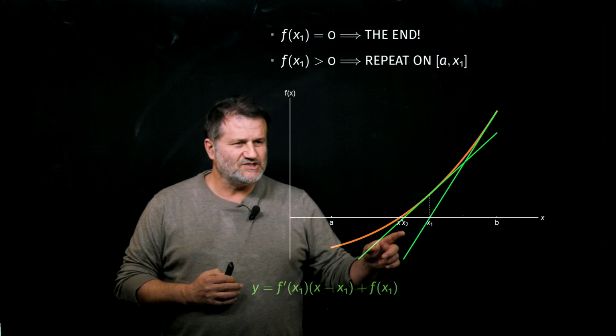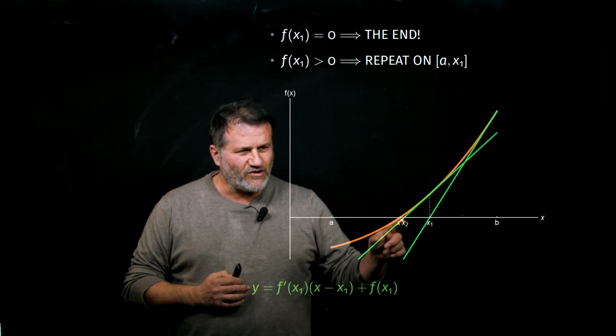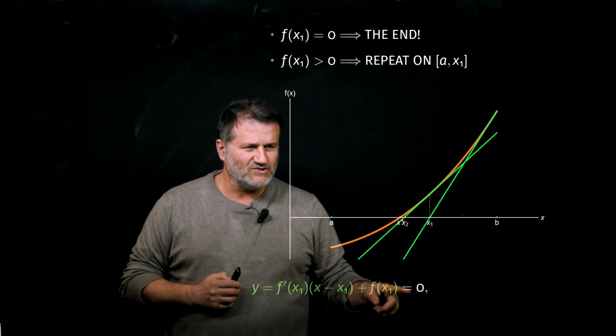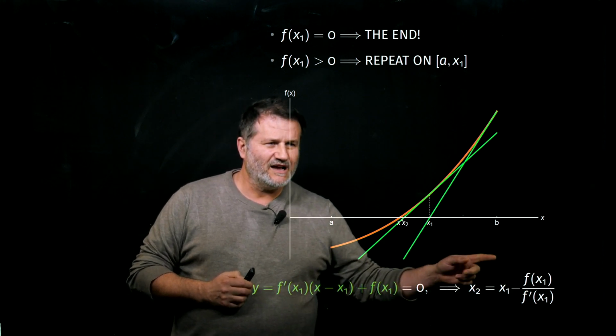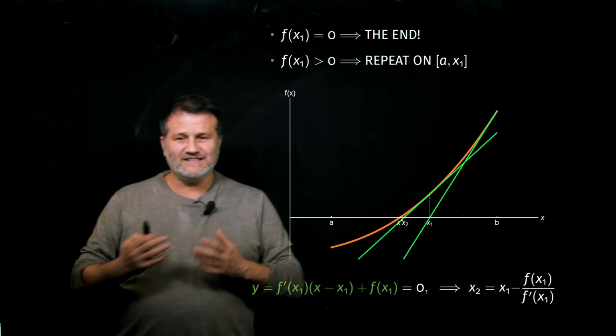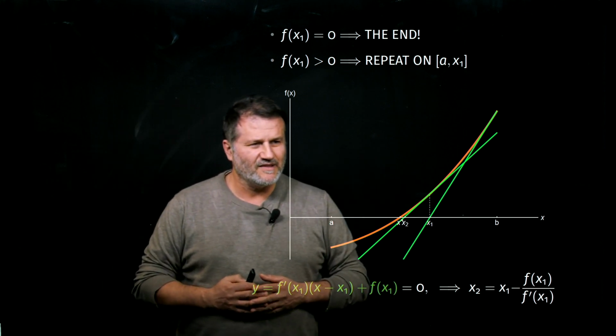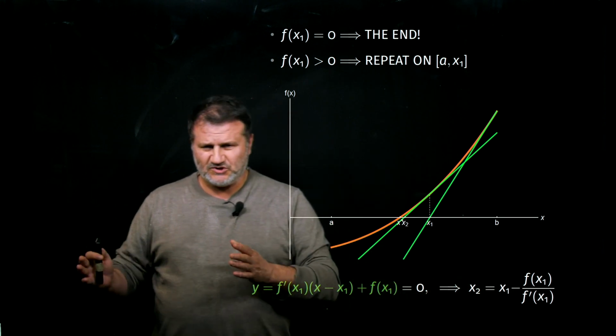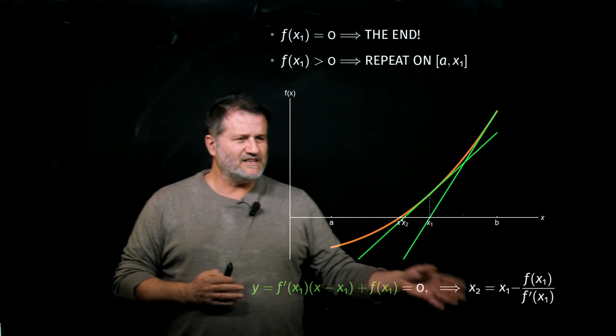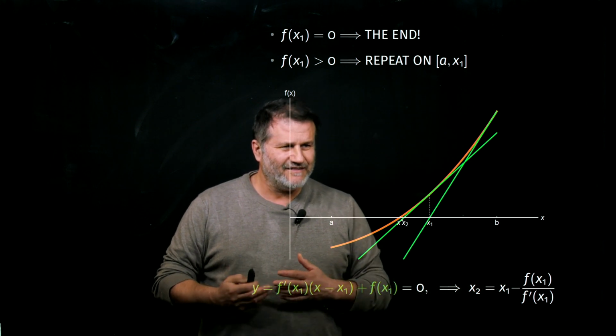Now, the point x2 where the green line crosses the axis is given by solving this equation. So it is x2 = x1 - f(x1)/f'(x1). And since f(x1) is strictly positive and the derivative is supposed to be always positive, this point x2 is to the left of x1.